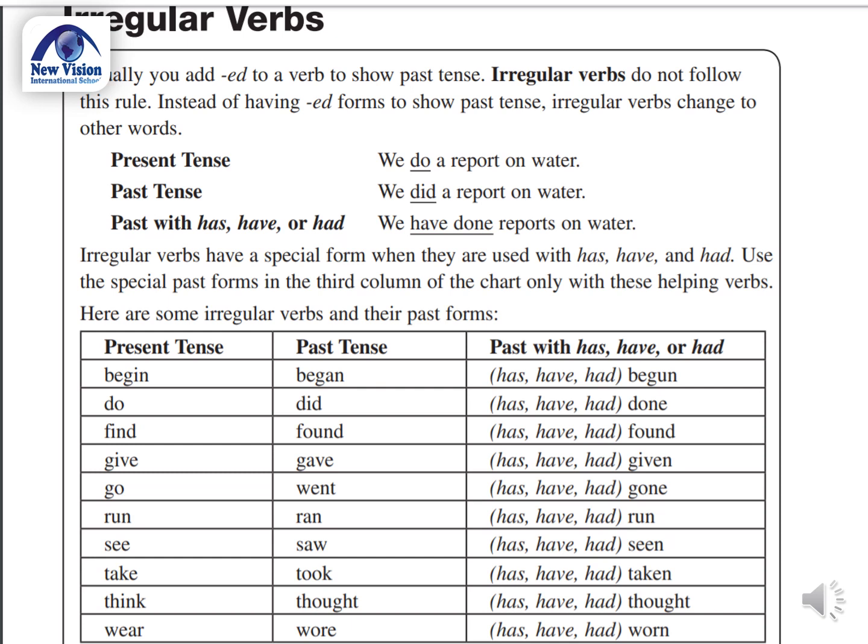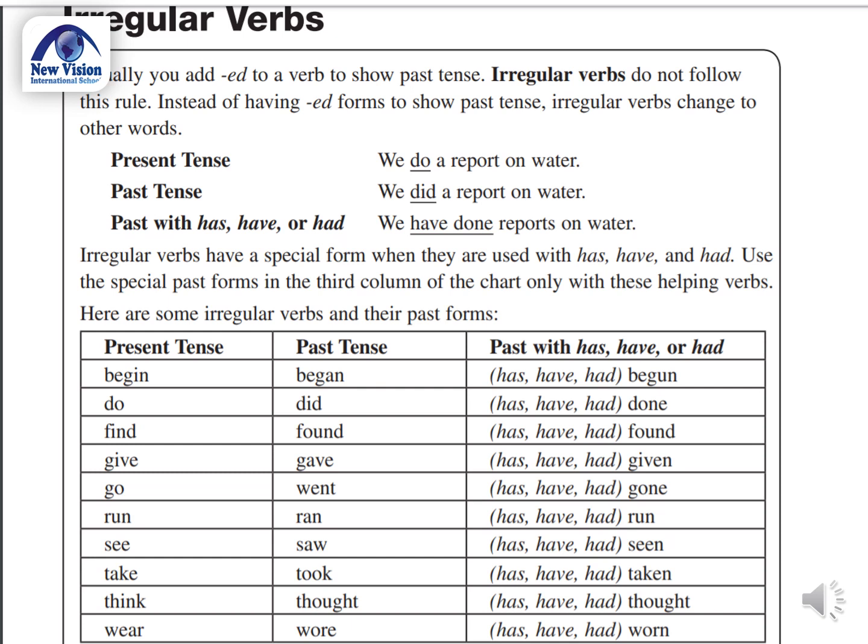In the present tense, we do a report on water. Past tense, we did a report on water. Take care of the underlined verb in the three sentences. Past with has, have or had, we have done a report on water. Irregular verbs have a special form when they are used with has, have or had. Use the special past forms in the third column of the chart only with these helping verbs.